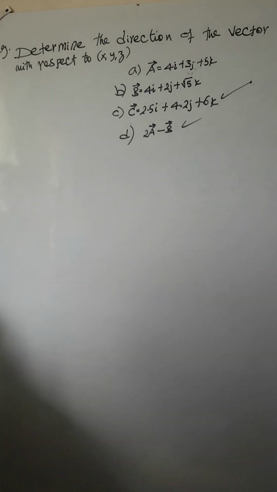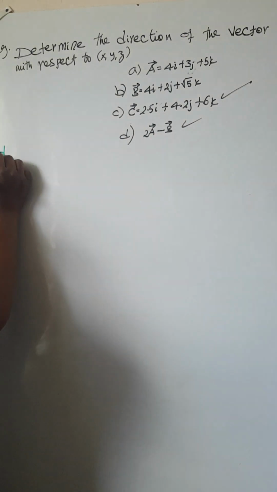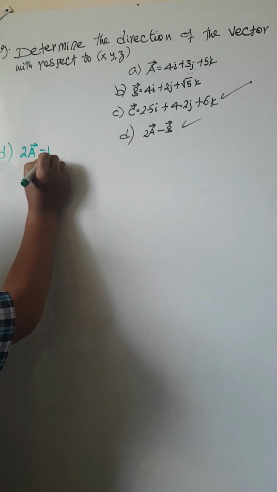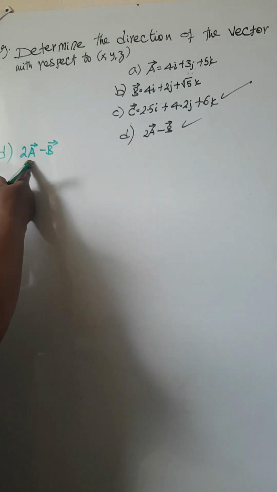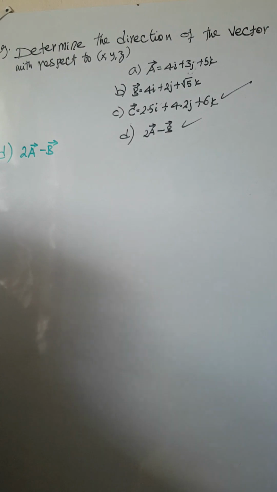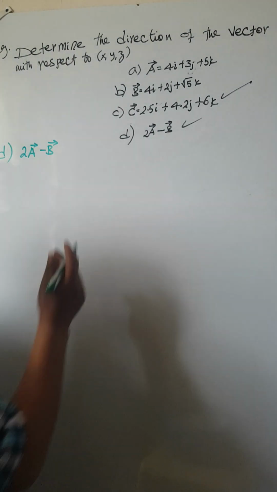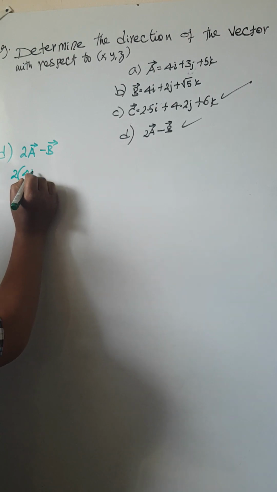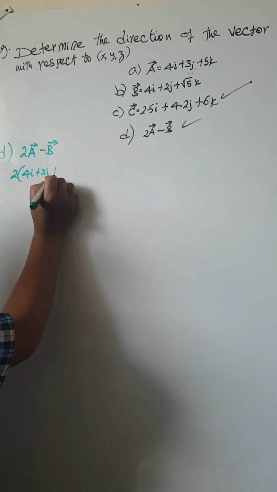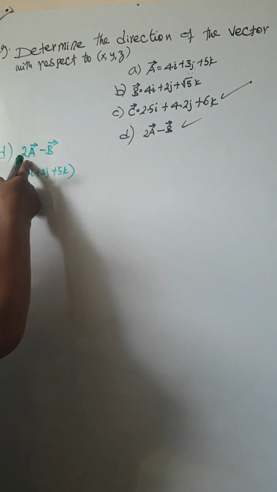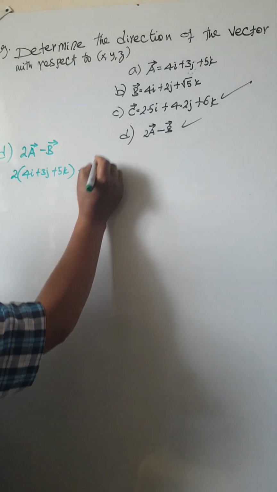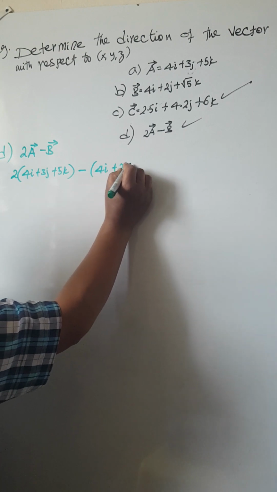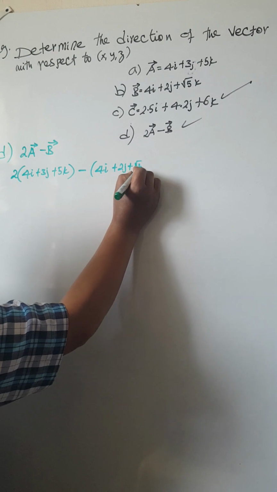In part D, we are supposed to have a new vector, which is the difference between 2 times vector A and vector B. How do we find 2 times vector A? Here we have vector A. 2 times 4i plus 3j plus 5k is 2 times vector A, minus vector B, which is 4i plus 2j plus root 5k.